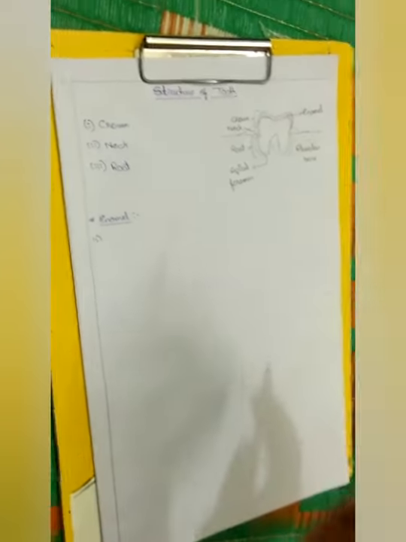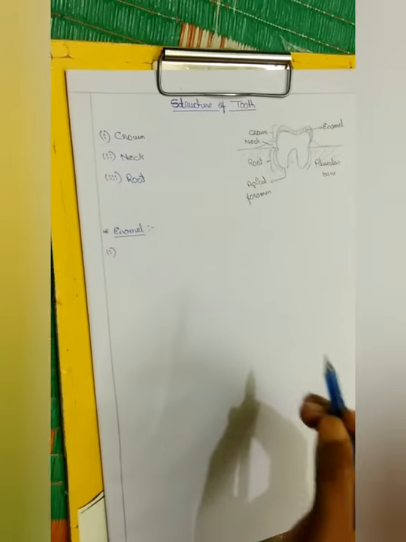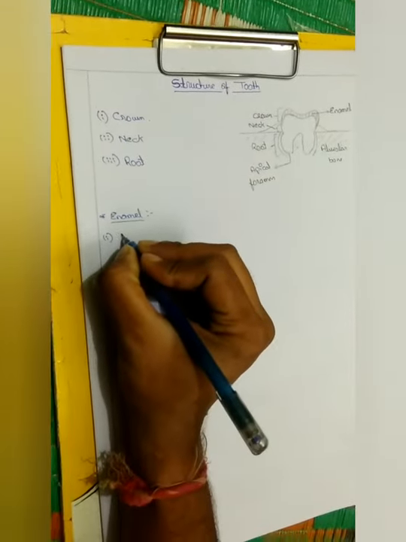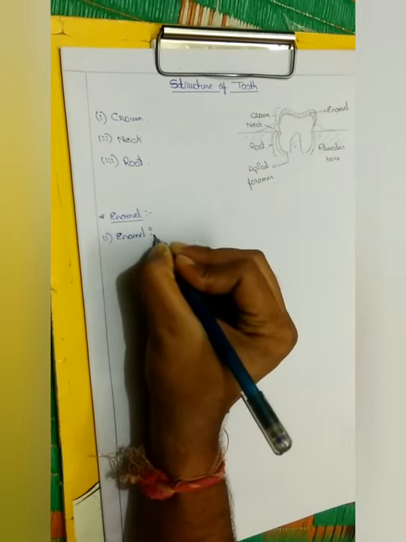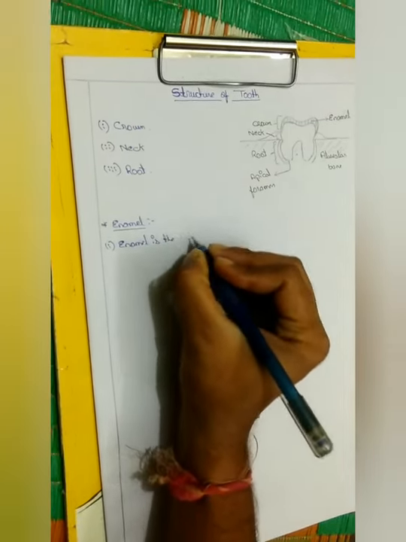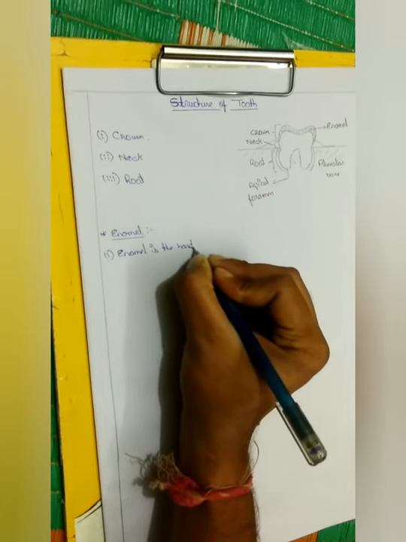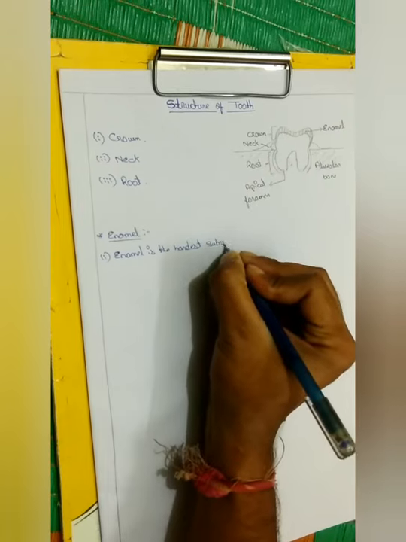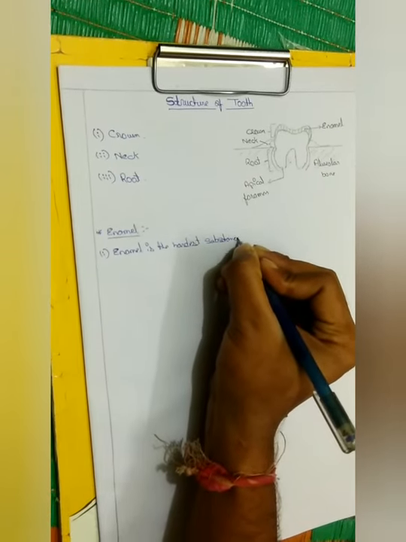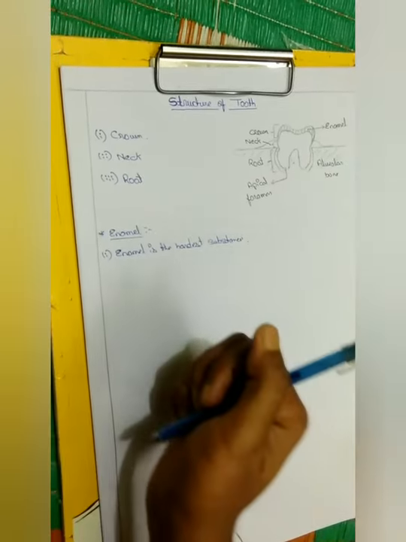Enamel is the hardest substance in the teeth.